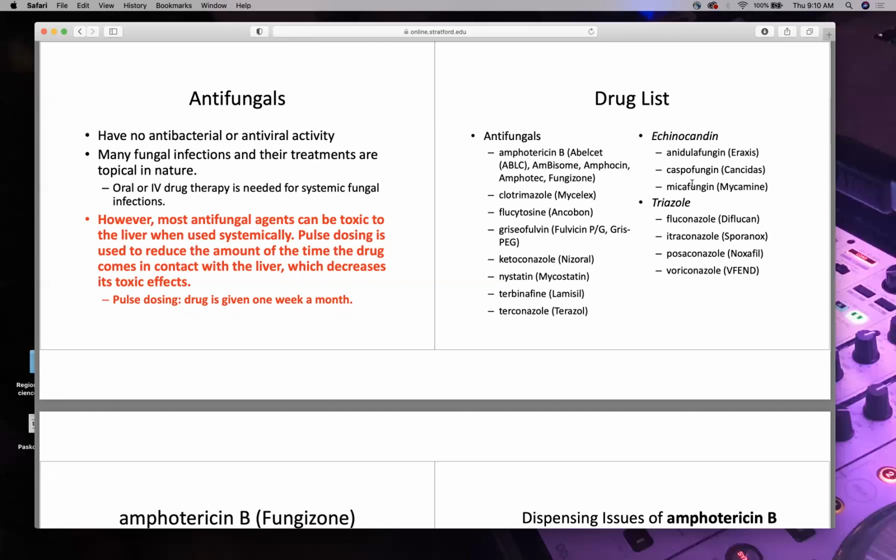As a hint. But the antifungals that are really common are amphotericin B, clotrimazole, which is Mycelex. Griseofulvin is really popular in dermatology. Ketoconazole, Nizoral, you've seen the commercials. Nystatin, or Mycostatin, right? And look, it has the word myco in it, which is fungus.